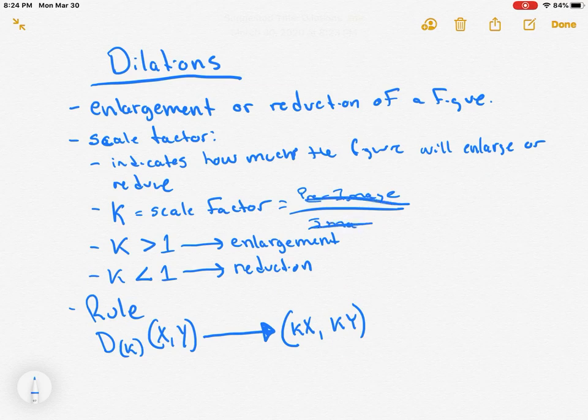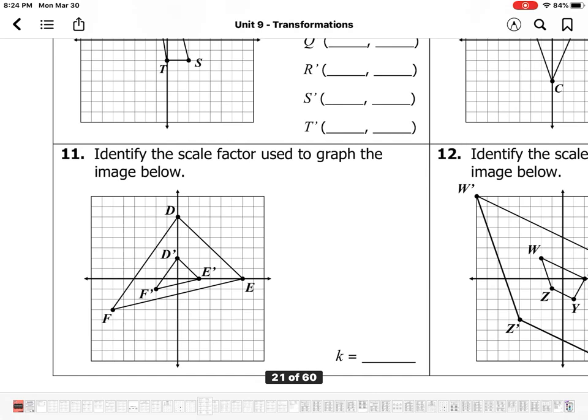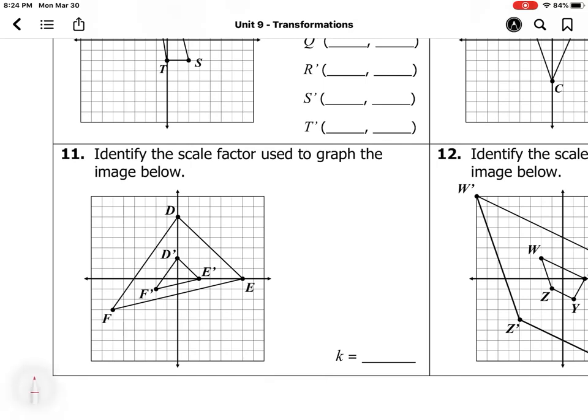I'm sorry, image over pre-image. Okay? So let's go back to our example. All we have to do is pick one point to look at. First off, let's look at our original figure. I know that this one is our original figure because it does not have the prime notation, so that's our pre-image. And this is our image, right?